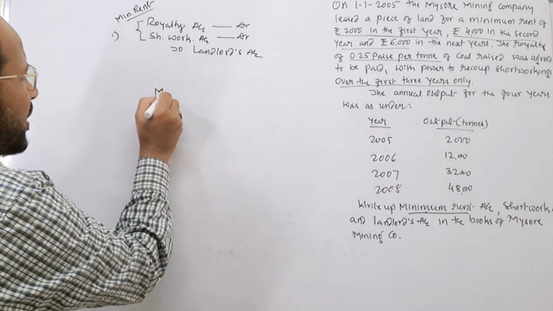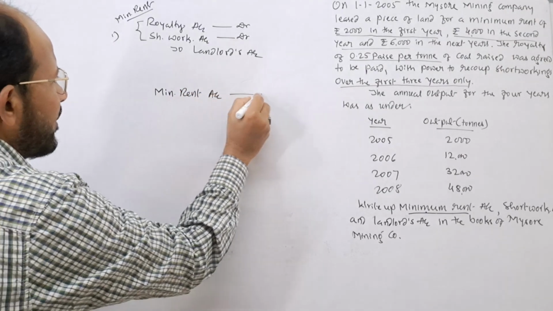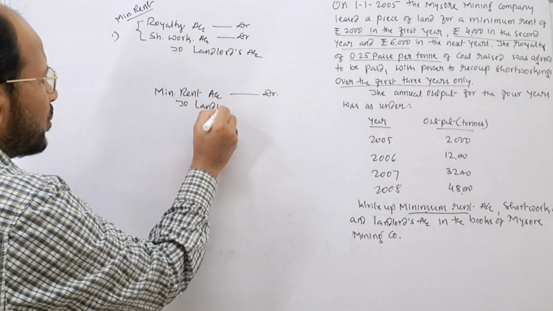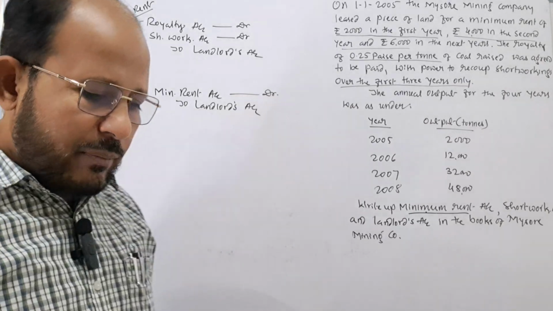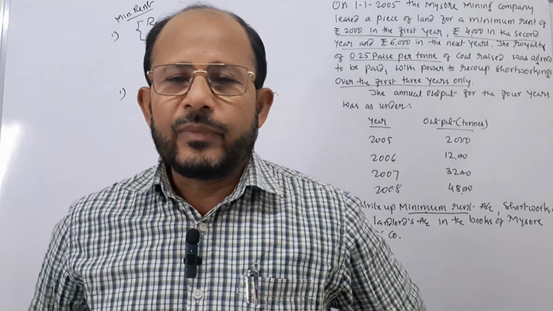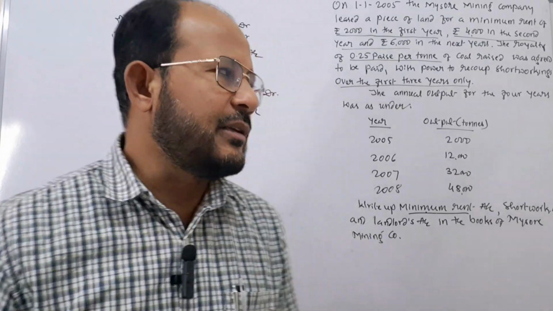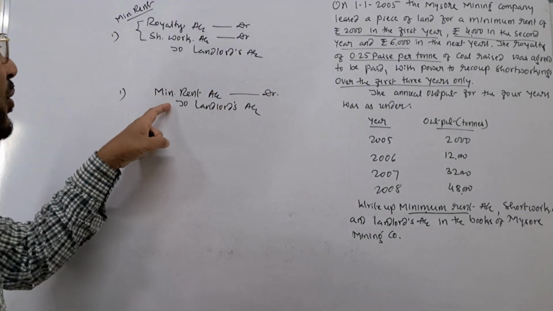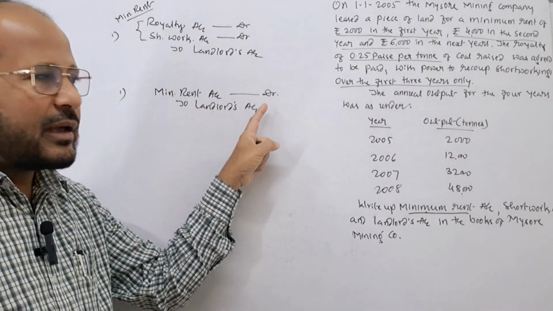Therefore, when the minimum rent is payable, the minimum rent account is to be debited, to landlord's account. One thing you remember here: the minimum rent account is opened only when there is a short working. If short working is not there, then the question of opening minimum rent doesn't arise. That is why, instead of the earlier journal entry, the minimum rent account is debited and the landlord's account is credited.